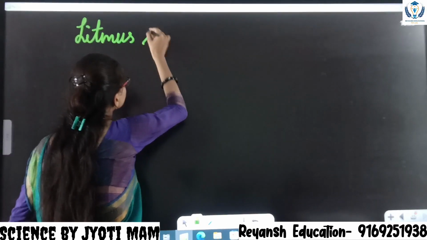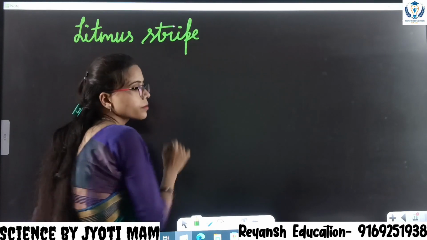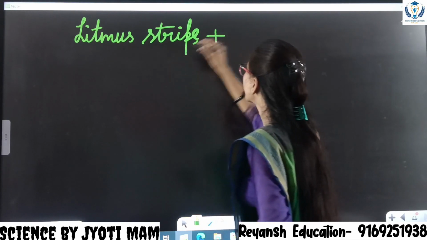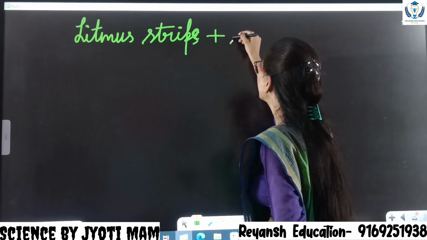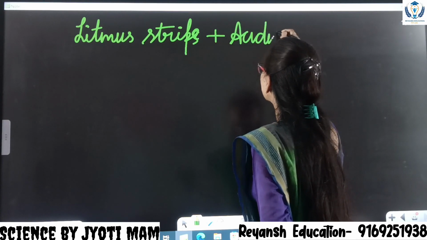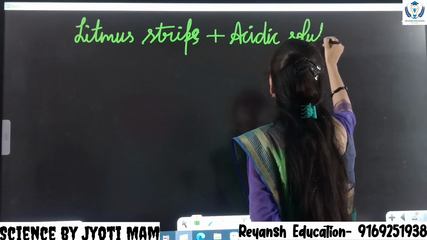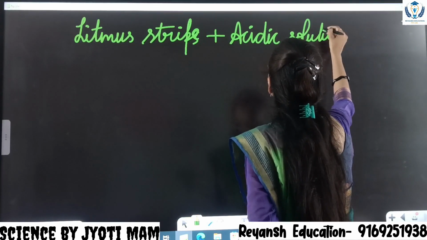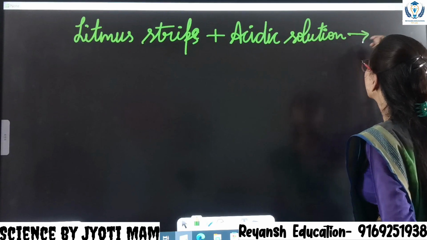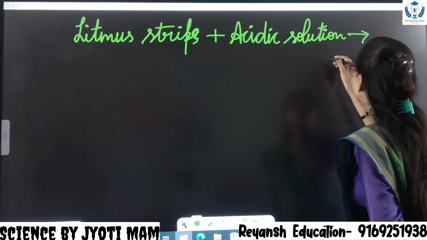Litmus strip plus, if the solution is acidic, then it will change into the red color.